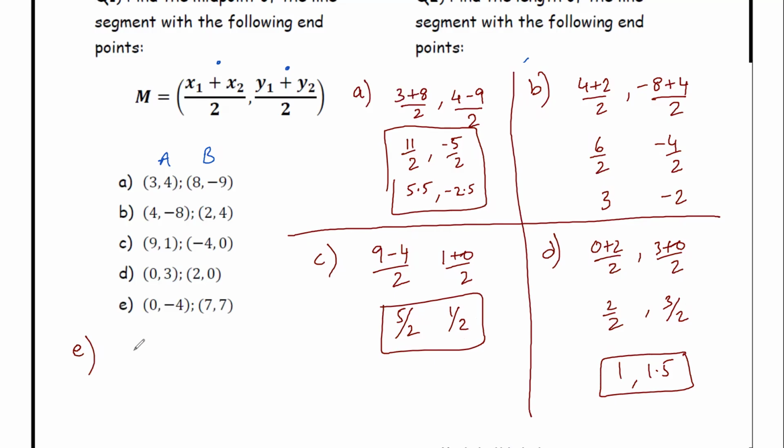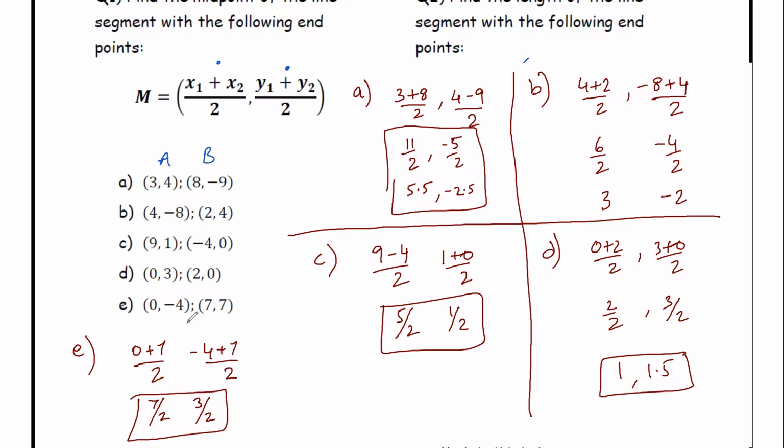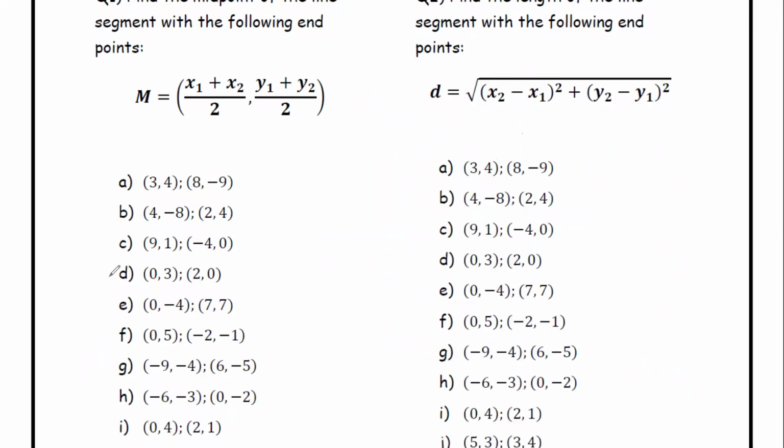E. 0 plus 7 divide by 2, minus 4 plus 7 divide by 2. So that's 7 over 2 and you got 3 over 2. Okay, we move on to the next 5.